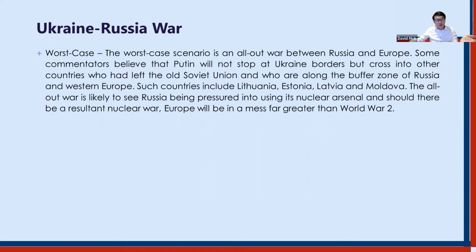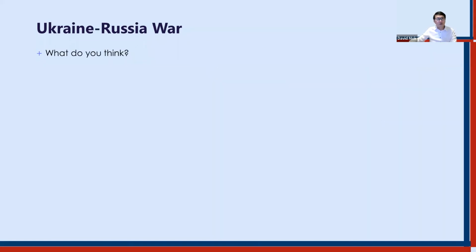Such countries include Lithuania, Estonia, Latvia, and Moldova. The all-out war is likely to see Russia being pressured into using its nuclear arsenal, and should there be a resultant nuclear war, Europe will be a mess far greater than World War II. We all know that. So those are three scenarios.